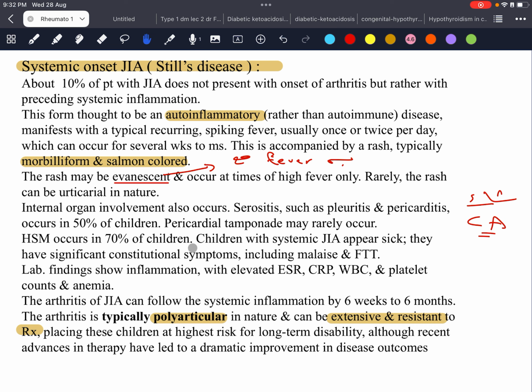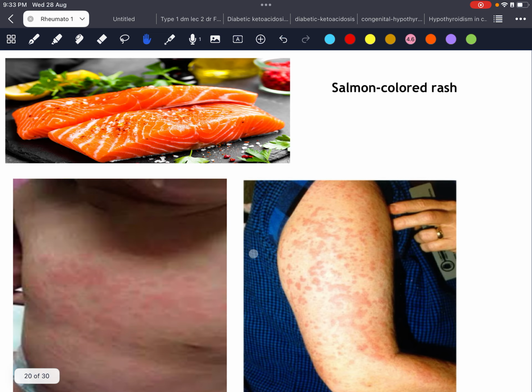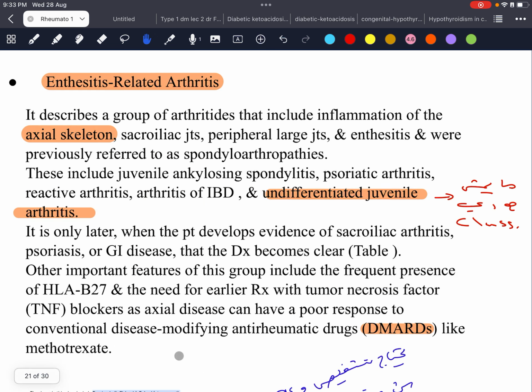Okay, even there is hepatosplenomegaly in 70%. Inflammatory markers and lab abnormalities in this case will occur. So this is the morbilliform, salmon colored rash, and its appearance and subsiding are in relation to the spiky fever.